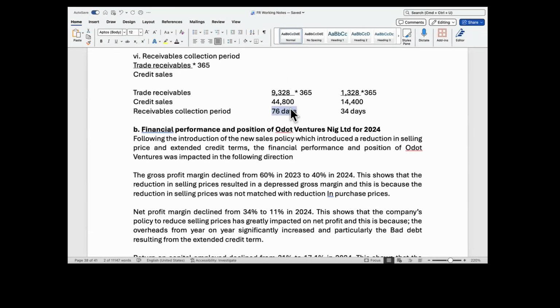Right? Which is a rational question in the sense that, since we are doing 76 days now, we are having receivables of 9328. They are saying that if we can do 45 days, we believe that our receivables will reduce.